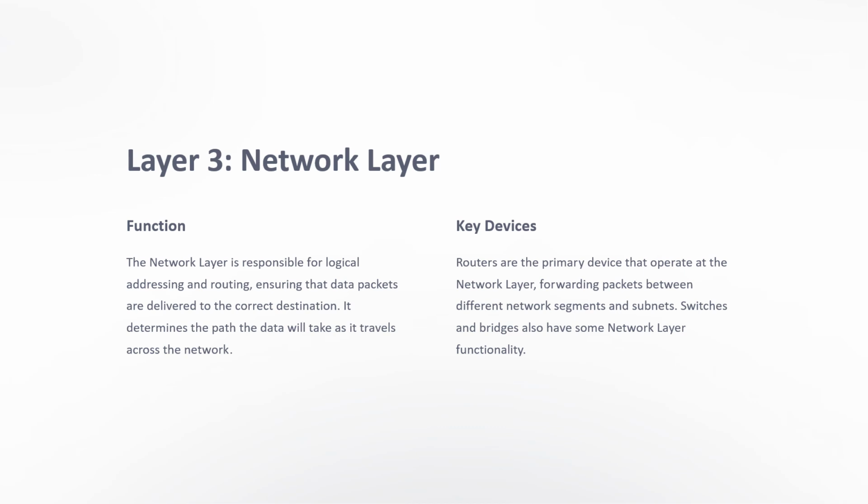The devices taking part in it are routers, and components like IP addresses are involved. The protocol implemented in the network layer is IP, that is Internet Protocol, which is responsible for addressing and routing packets.